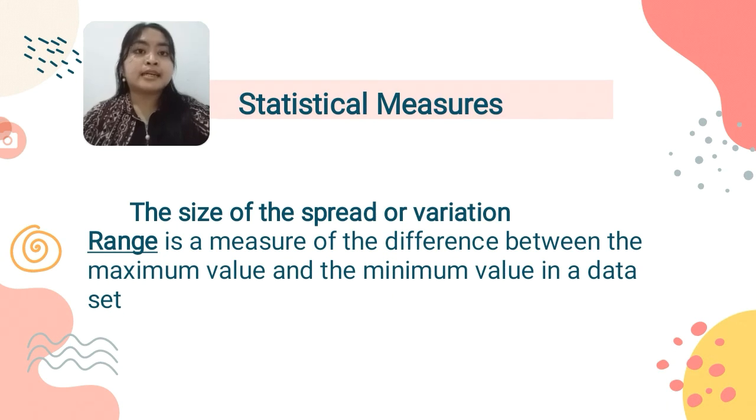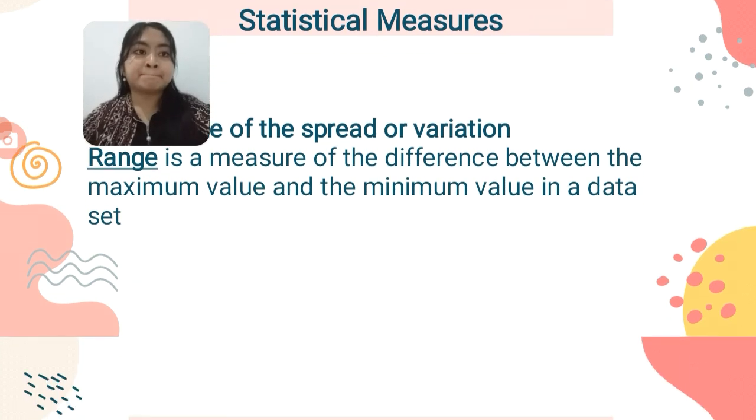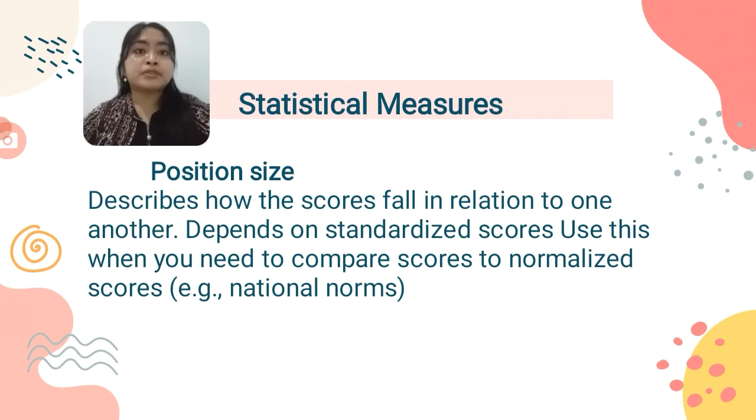Next, the size of the spread or variation. Range. Range is a measure of the difference between the maximum value and the minimum value in a data set. Next, position size.